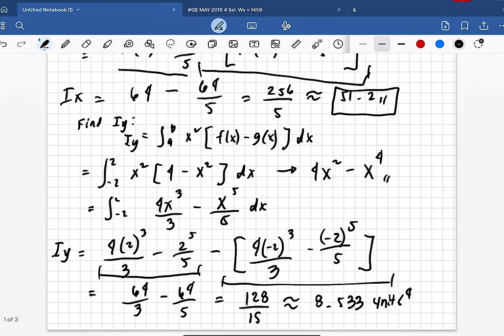So this is our answer for inertia in the y-axis, and that is the inertia in the x-axis. So that's all.